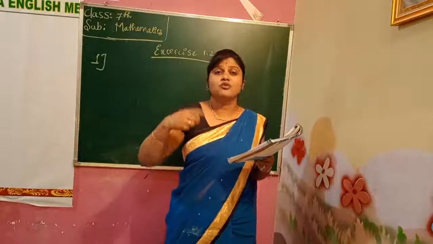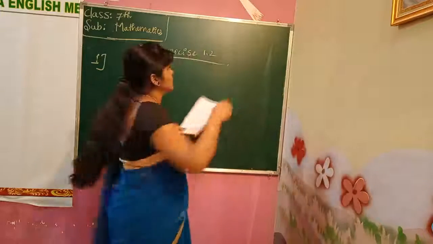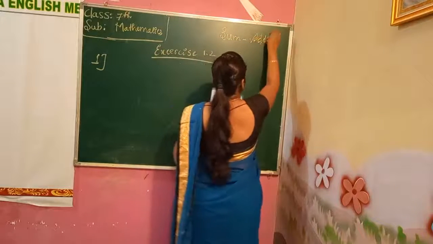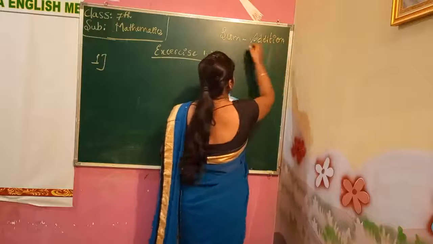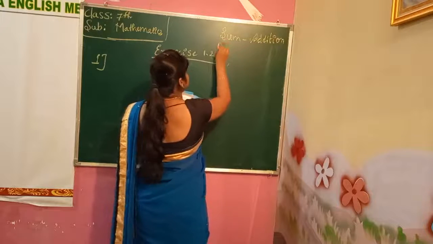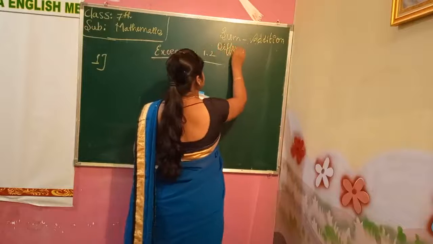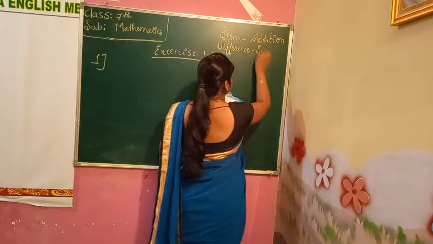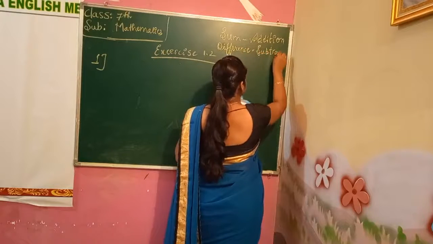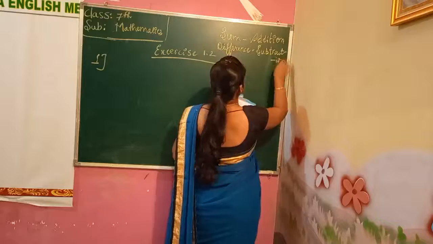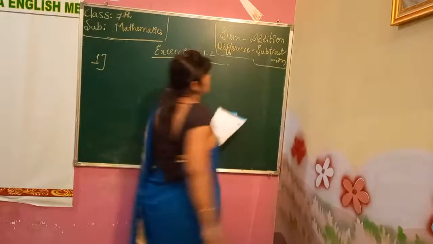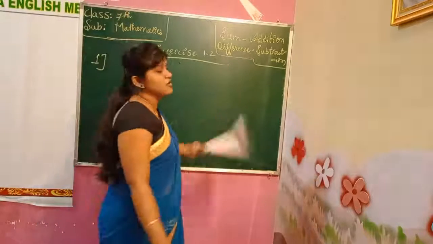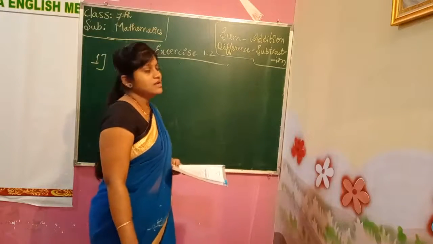Sum means addition, and difference means subtraction. Okay, sum means these are the names, the other way of naming addition and subtraction.